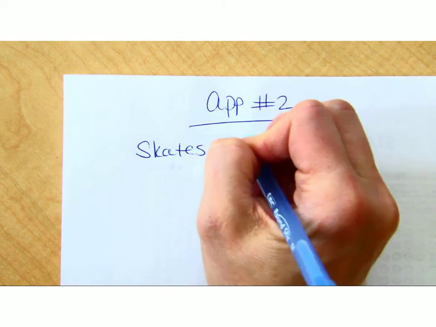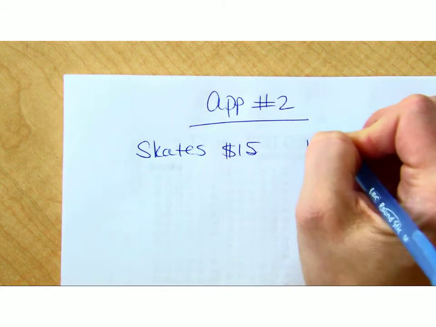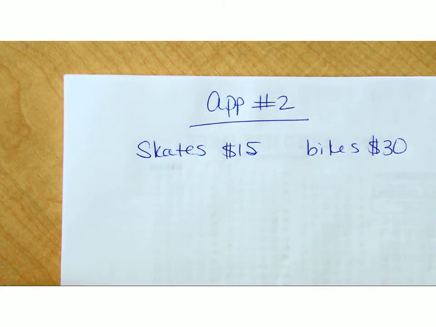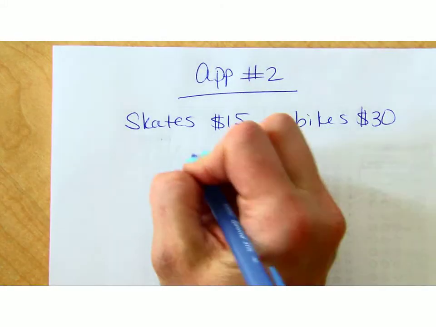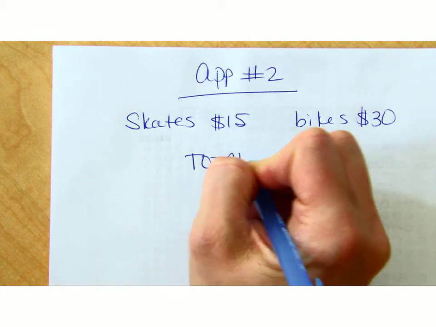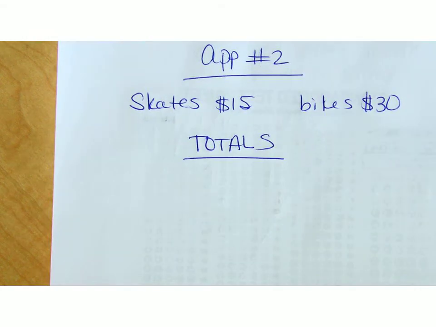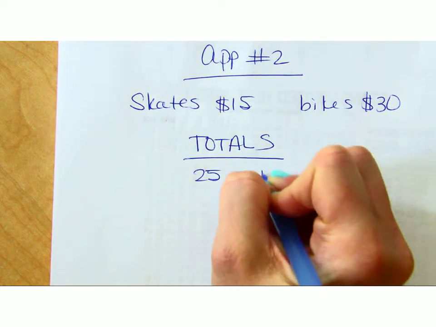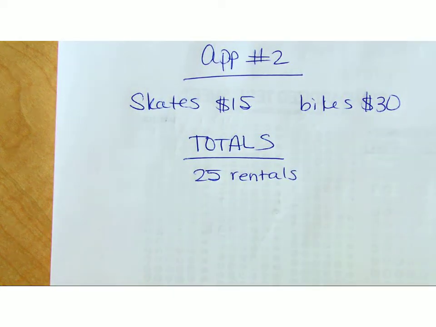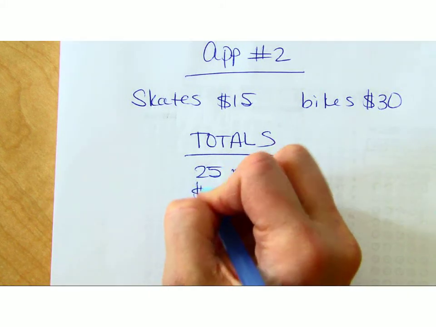Bikes are 30. Okay? That's the information that you're given there. And then we need a totals column. Our totals were 25 rentals. And our total money was $450.